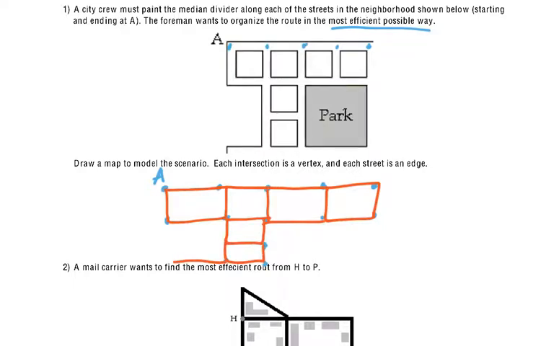So if you're trying to do this as efficiently as possible, let's follow that red route using, let's do purple. If I were to start at A and move down and then move right, let's say I move down and down again, and then to the left to cover that street right here. Well, to get back, I have to cover that one again.